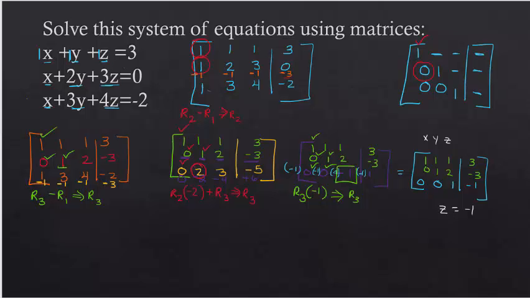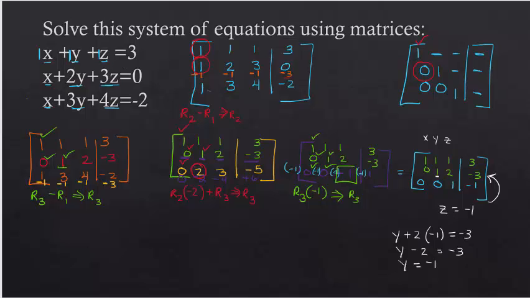And if we plug that z into the second row, that 1 here stands for a y. So we have y plus 2z, but we know z is -1, equals -3. Y take away 2 is -3. So y is going to be -3 plus 2, which is -1. So we have z is -1, y is -1.